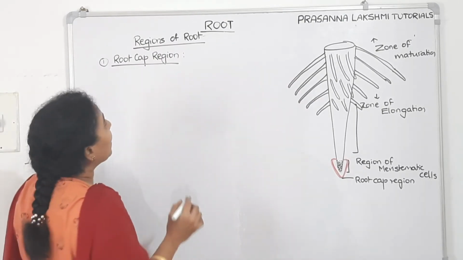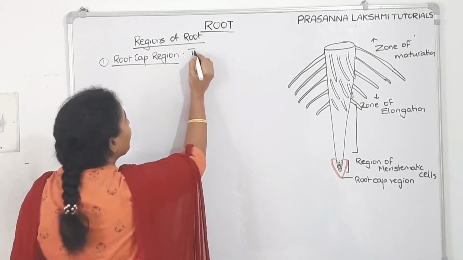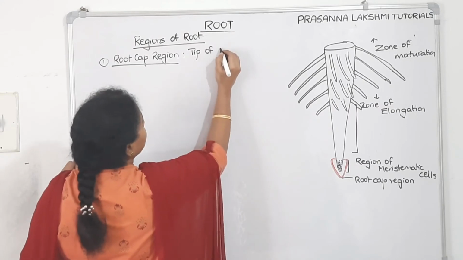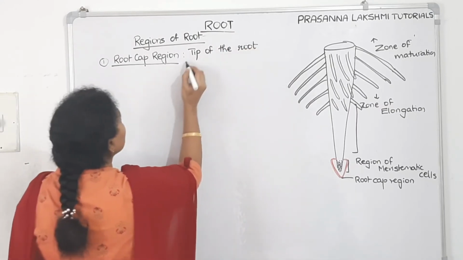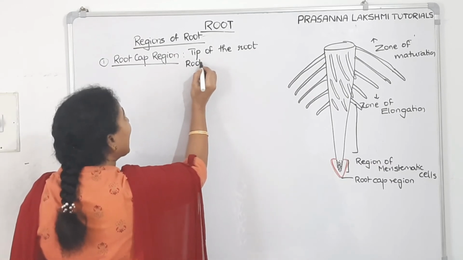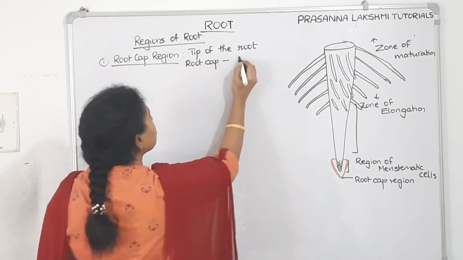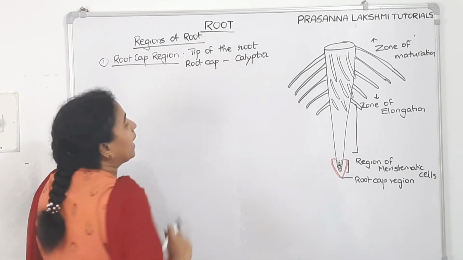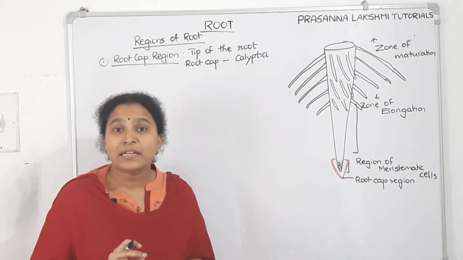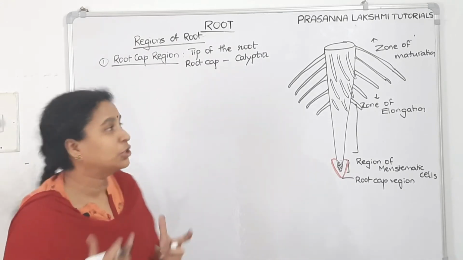Now, what is root cap region? It occupies the tip of the root. Root cap is also called calyptra, and root cap is formed from a meristematic cell called calyptrogen.